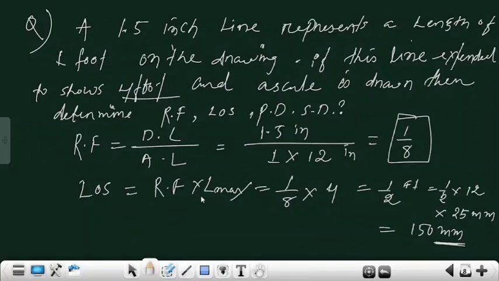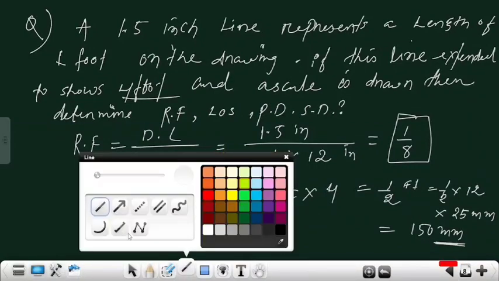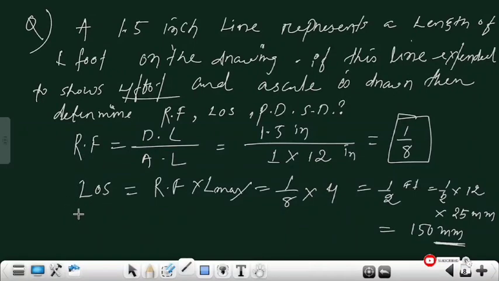Next we have to draw the scale, and in this case we show the primary division and secondary division. Draw the scale.